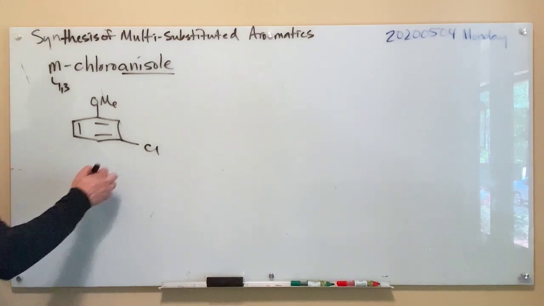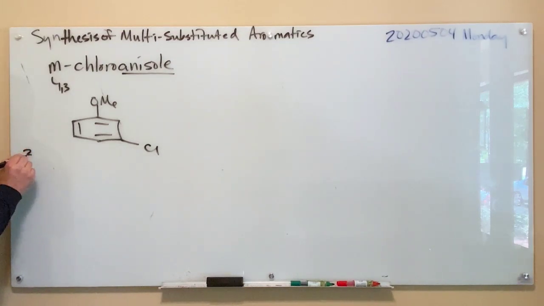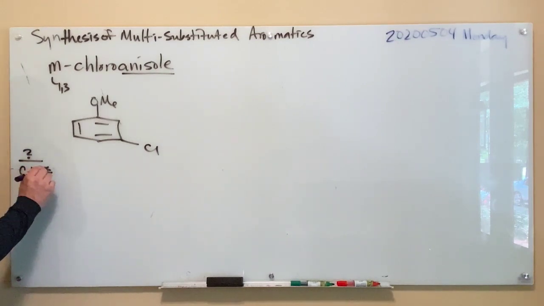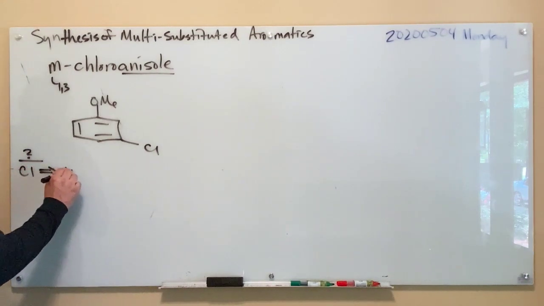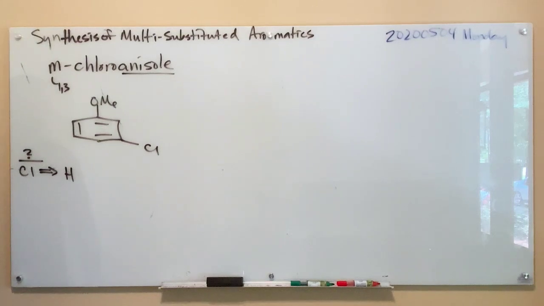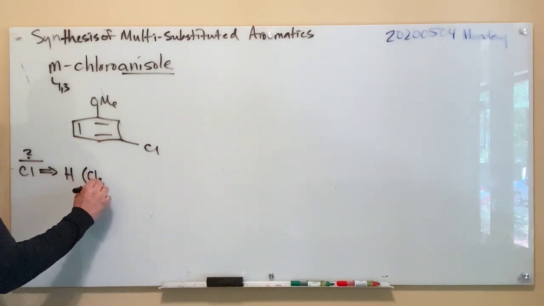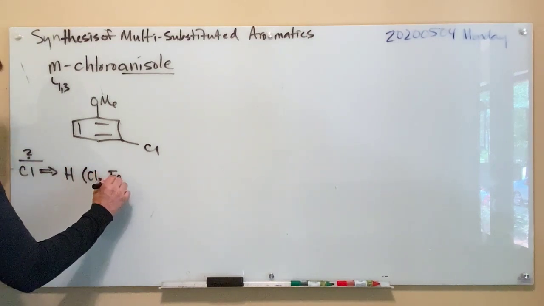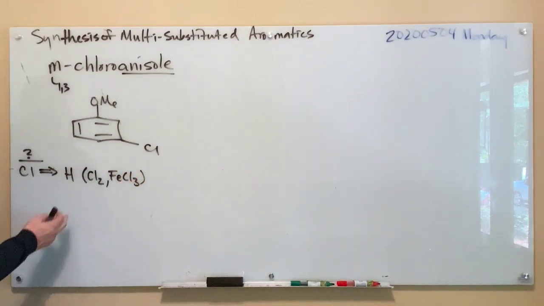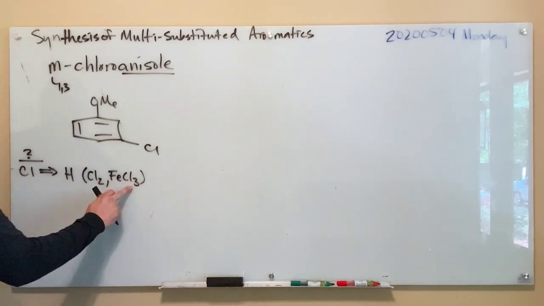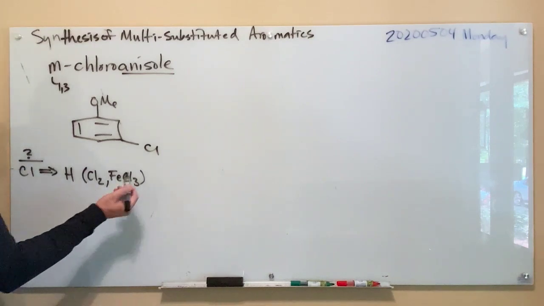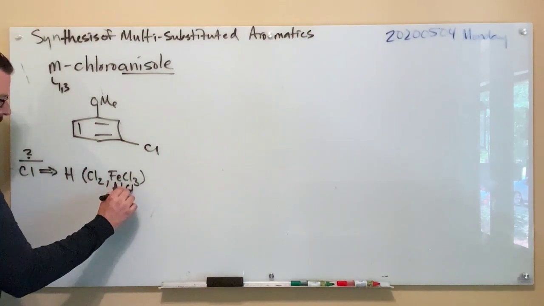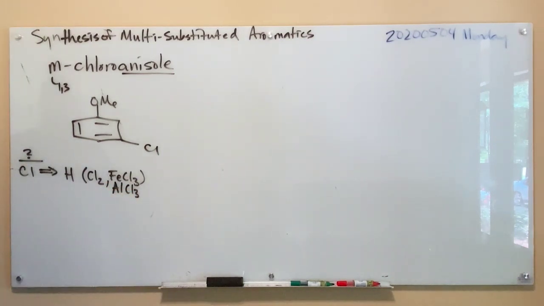So chlorine. So how do we get chlorine? Chlorine is basically coming from just a substitution of the hydrogen with molecular chlorine and a Lewis acid. So iron trichloride. Alternatively, you can use aluminum trichloride.